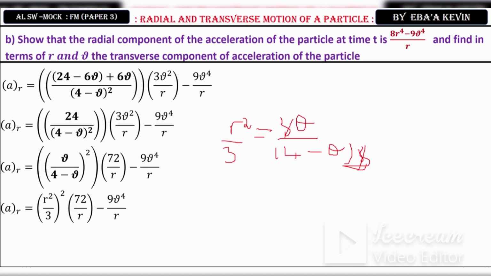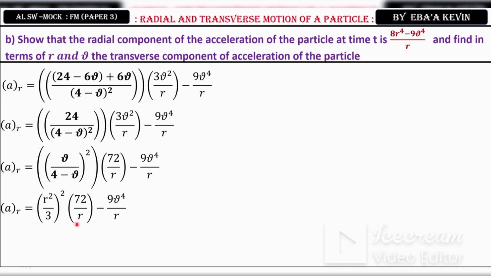Good. So we are therefore going to obtain this expression: the radial component of the acceleration is equal to r squared divided by 3 all squared, then times 72 divided by r minus 9 theta raised to the power 4 divided by r.